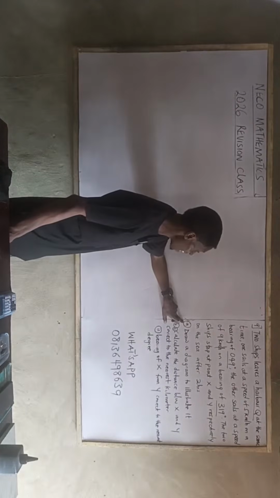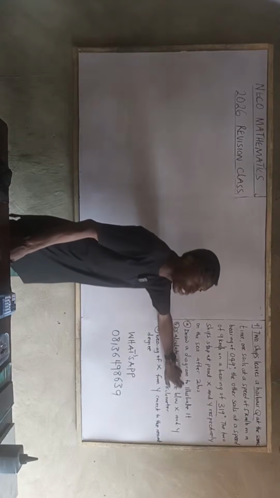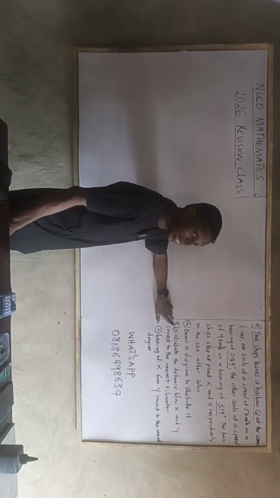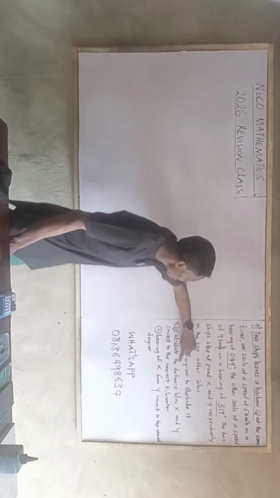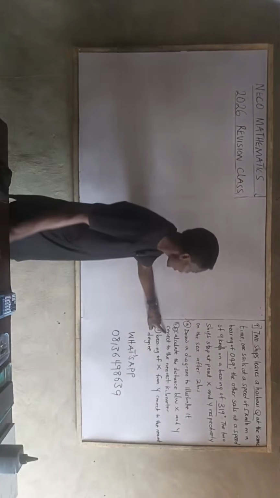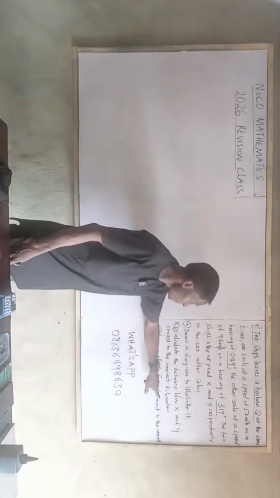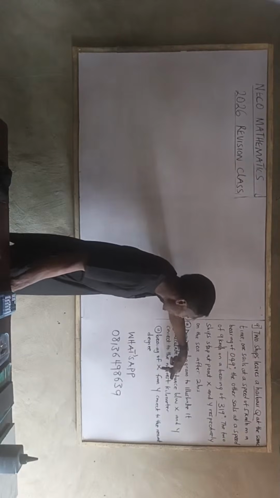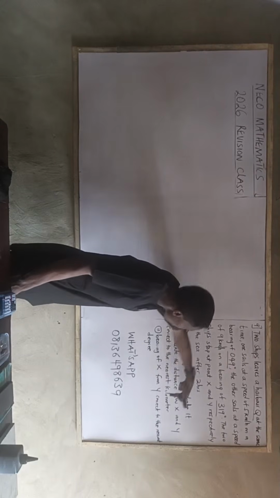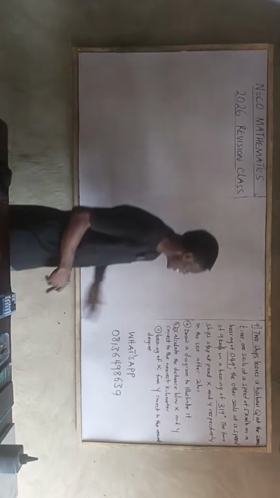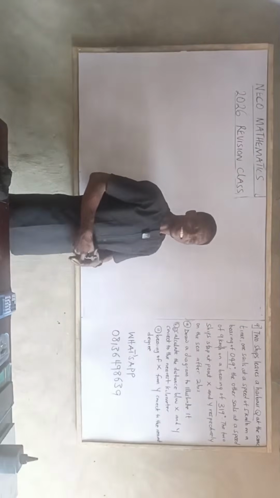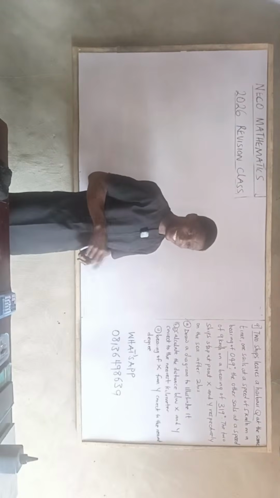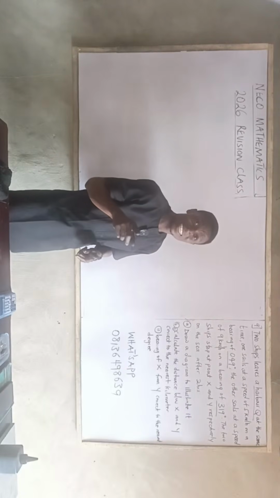Letter A: draw a diagram to illustrate it. Letter B(i): calculate the distance between X and Y, correct to the nearest kilometer. Then B(ii): the bearing of X from Y, correct to the nearest degree. All right, so I want to believe that person actually got the question. Is there a positive signal from that person?